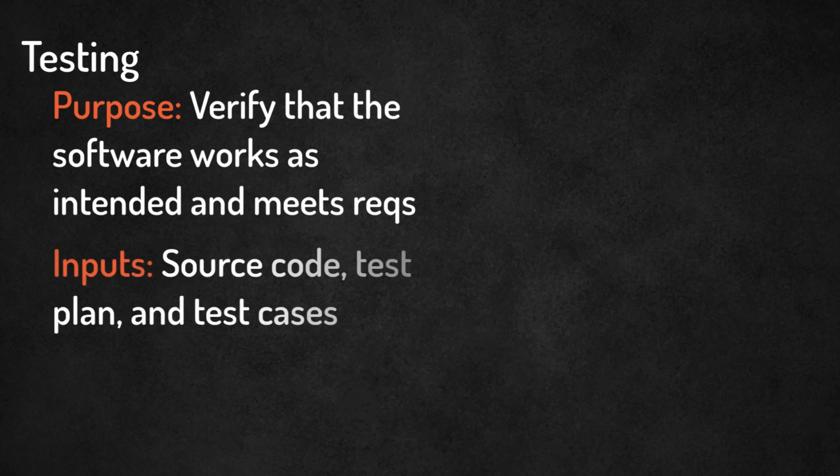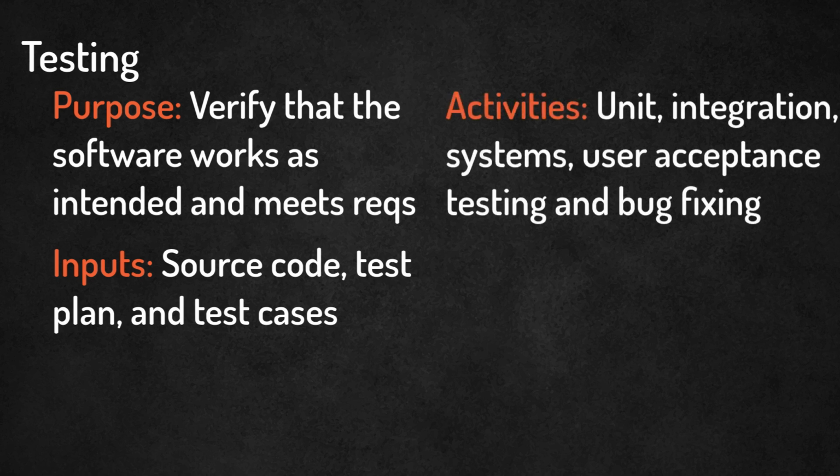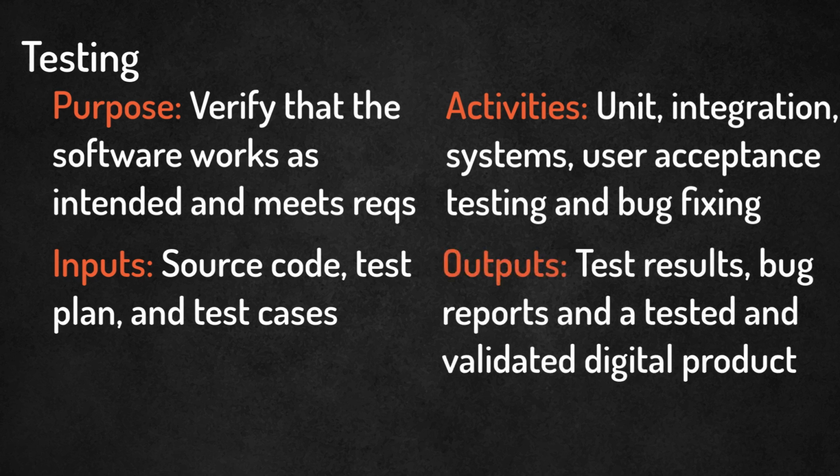The inputs are going to be our source code, our test plan, and test cases. The activities are going to be unit testing, integration testing, system testing, and user acceptance or UAT testing, as well as, of course, bug fixing. The outputs are going to be our test results, bug reports, and, of course, a fully tested and validated digital product.